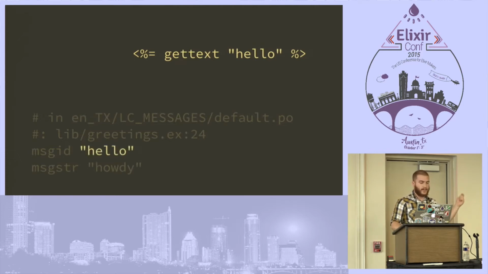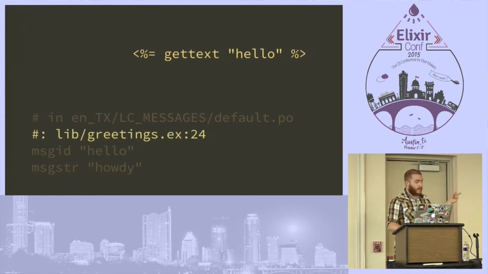You have the message ID, again, which is the English string you're going to translate. And you have the translation for the given locale. And you have also references to where those strings come from in the code base, right? So it's very easy to track where you use those translations in the code base, for more context if you need more context to translate.